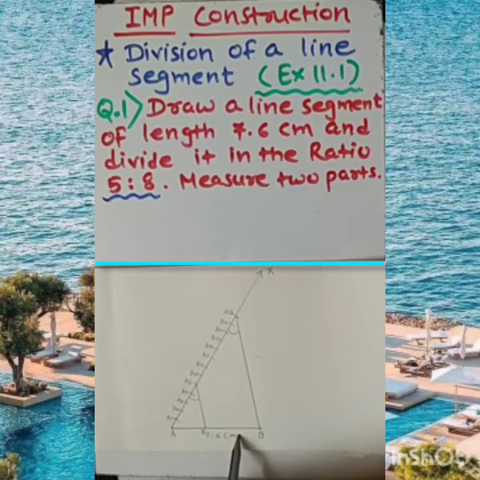Let's write the steps of construction here. O is the point which divides line segment AB in the ratio 5:8. Now I am going to explain the steps of construction.